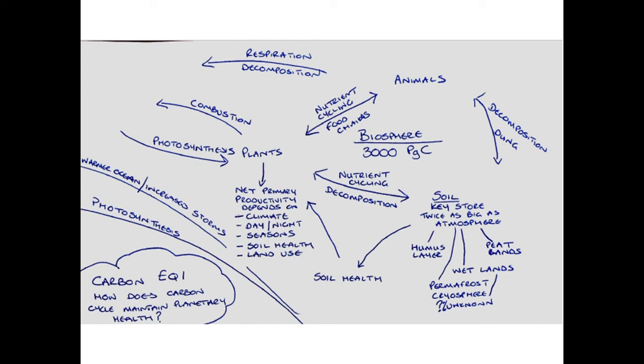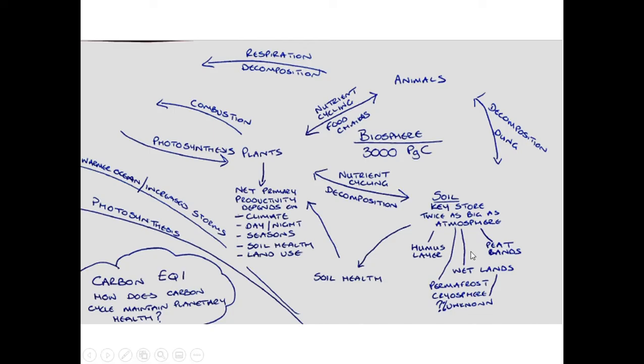And it can be stored in a number of different ways, either in the humus layer, the litter and leaf mold and decay layer on the top of the soil. It can also be held in peat bands or peatlands and peat bogs, where the rich plant matter decomposes with reduced oxygen, so it makes a very rich store of carbon.